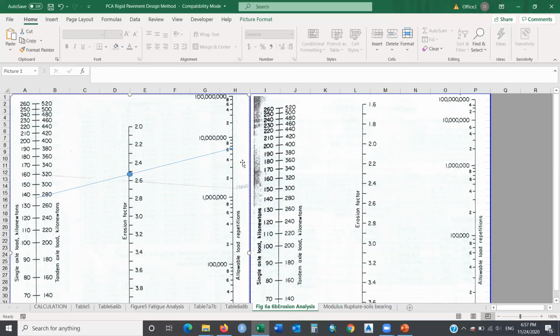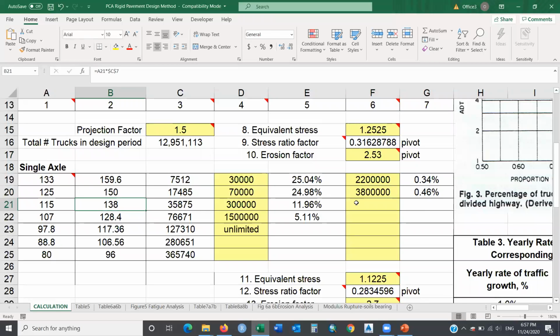Six is yes above 6 million. Let's say 6 million to be on the safe side.